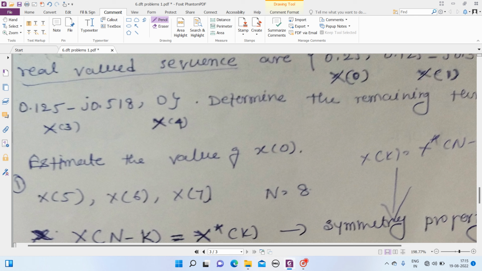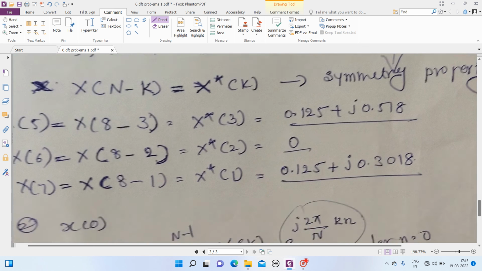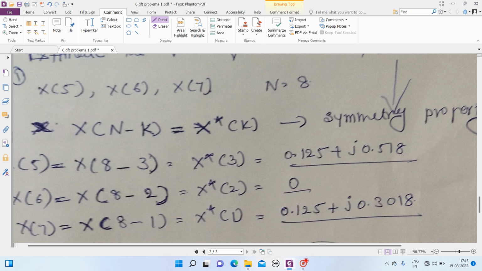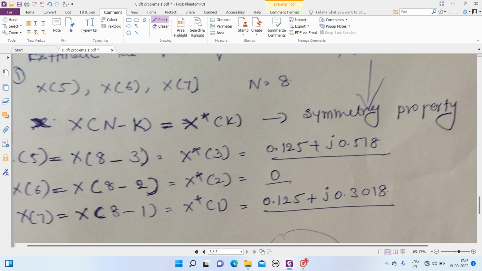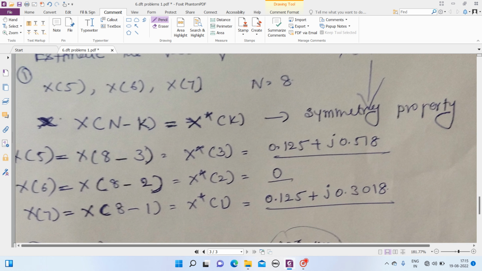So we will see how to solve this problem. First you have to note down what they have given. They have given 5 points, so you have to calculate the remaining 3 points: x of 5, x of 6 and x of 7.